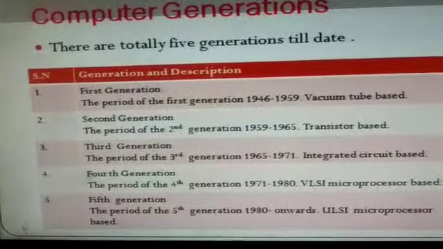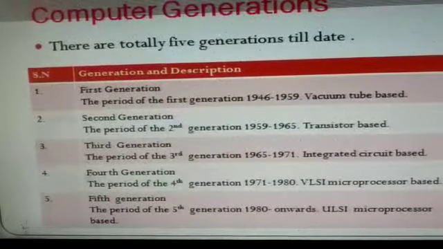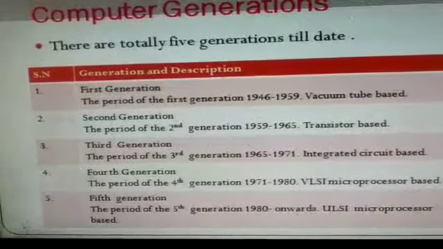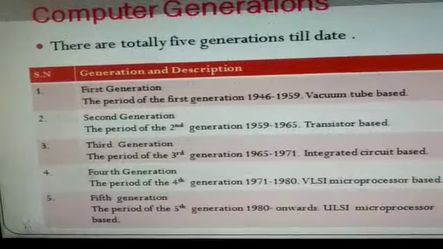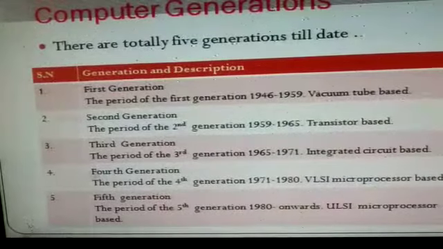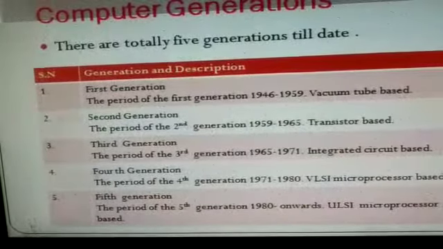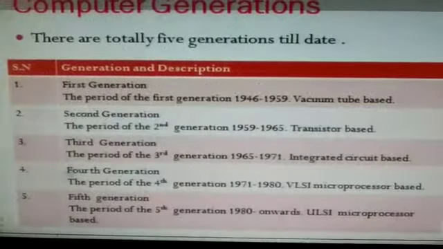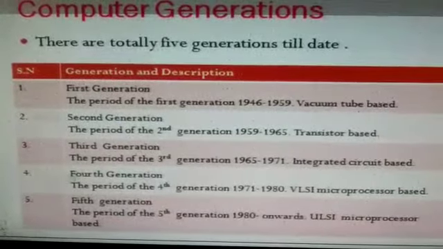And the fifth generation, the period is 1982 onwards, and in this generation we use ULSI. ULSI stands for ultra large scale integration microprocessor. Here one by one we will discuss in detail.